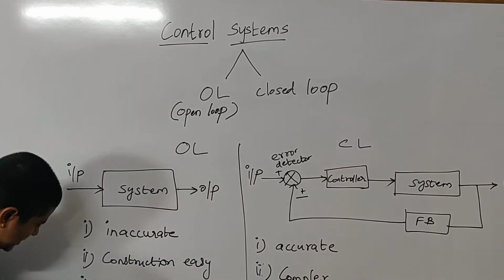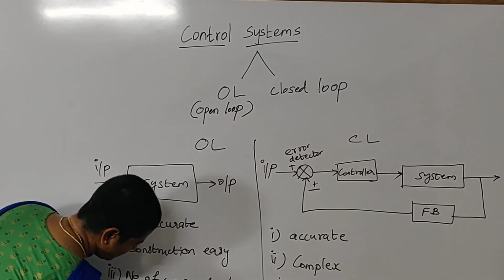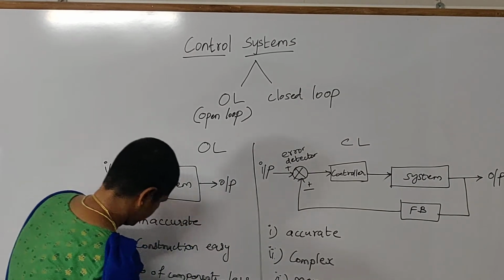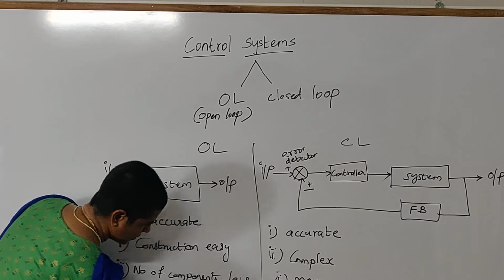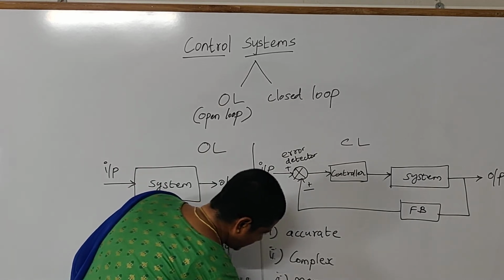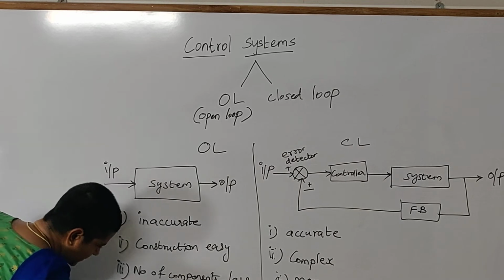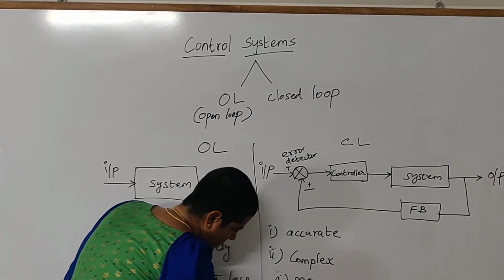Automatically the cost is high. Here in this case the cost is low, here the cost is high, and the last one is stability. This is said to be more stable and this is said to be less stable.